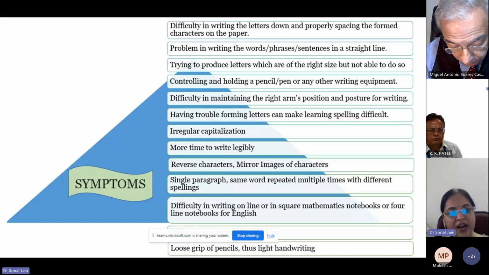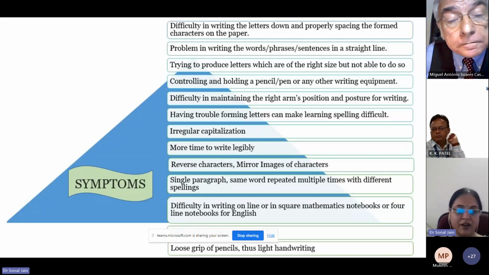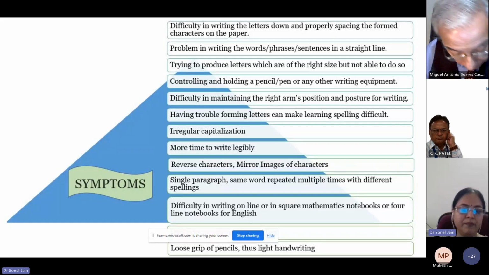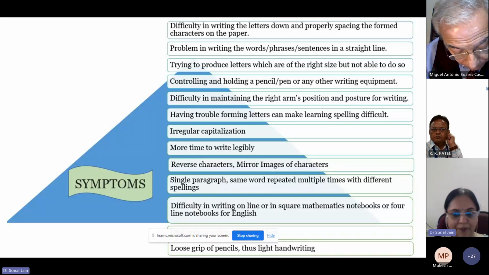But at times these kids find it difficult to arrange their letters on these lines. We may tell them multiple times to write properly in a 4-line notebook, but they won't be able to do it because thinking and writing together is a problem for them.